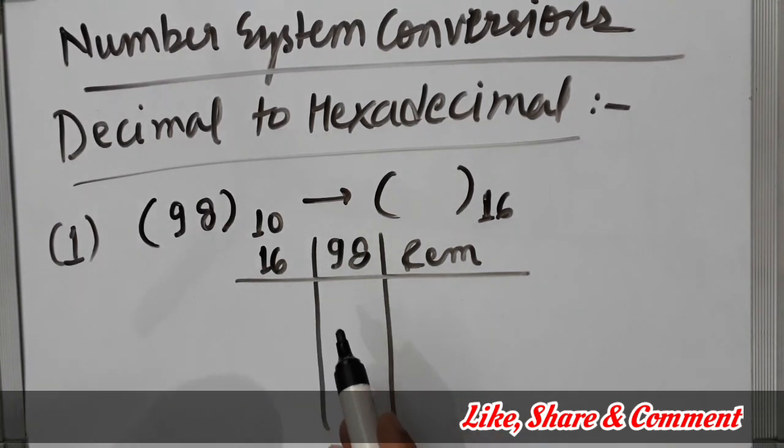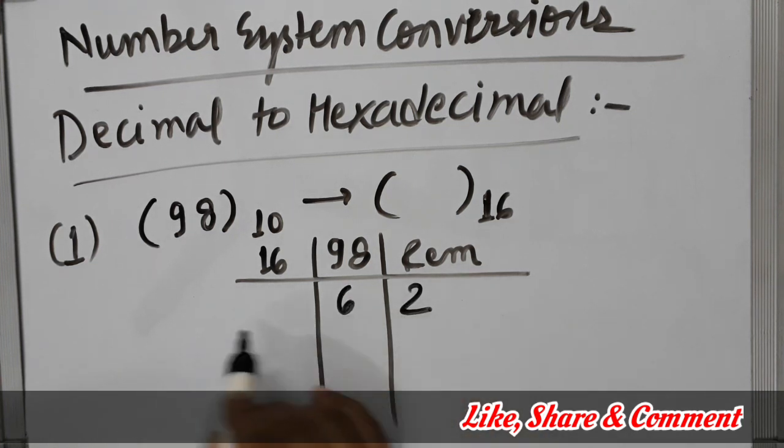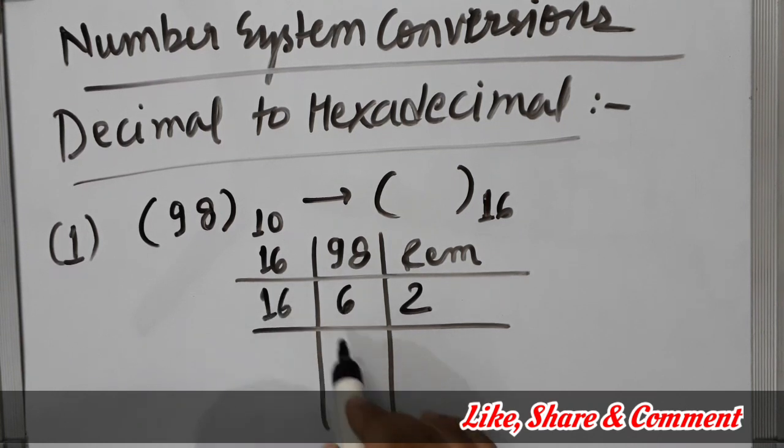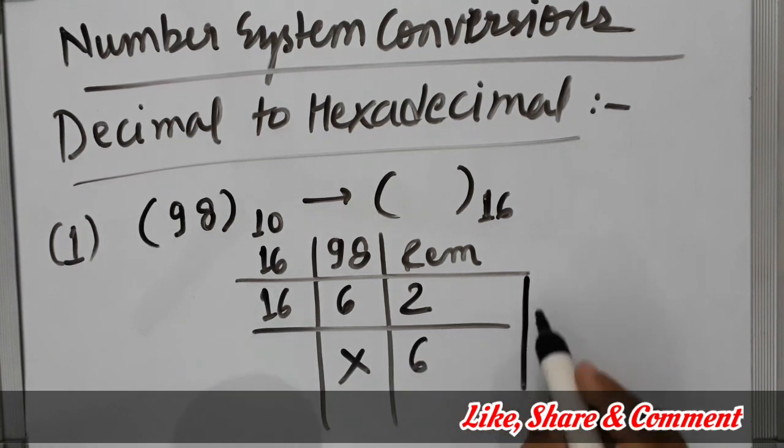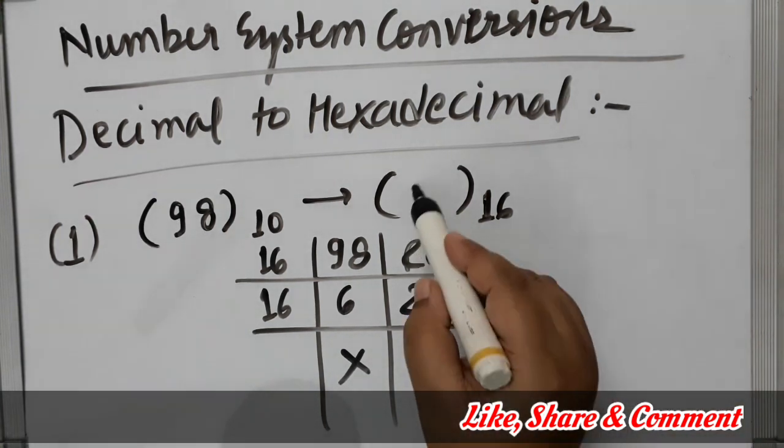16 sixes are 96, so here I am going for 6 and remainder 2, and now 6 is not divisible by 16, so we take 6 as the remainder here, and we go from bottom to top as we always do. So the answer will be 62.